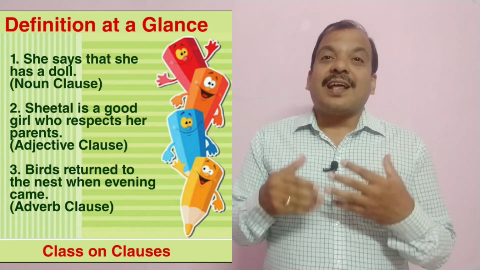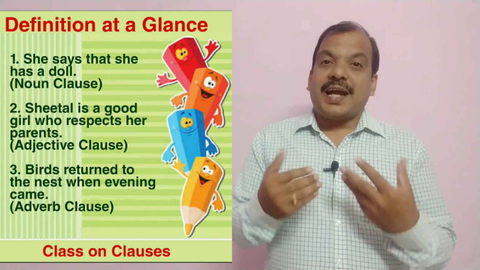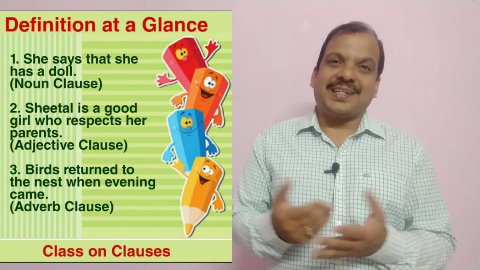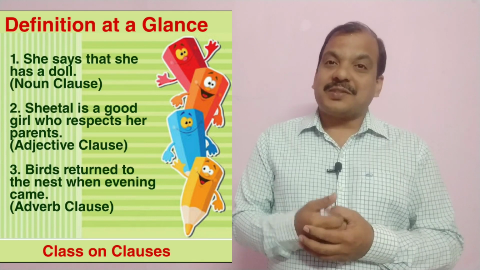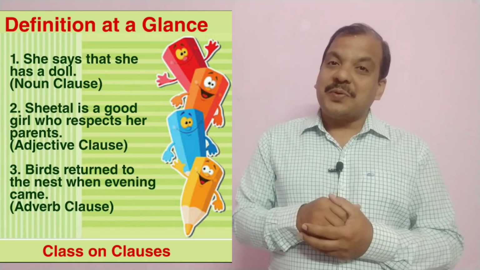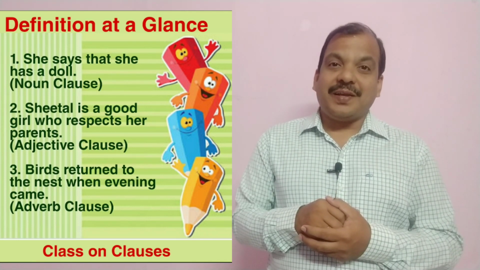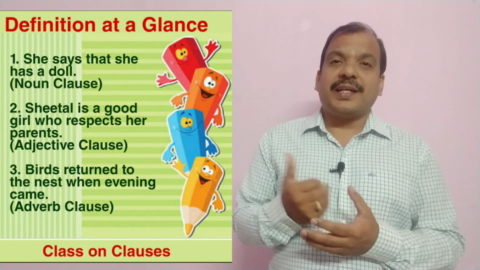It works like an adjective, it acts like an adjective. That's why it is an adjective clause, or what do you say, a relative clause, as a relative pronoun who is used there. And finally, let's go to the last and final example.